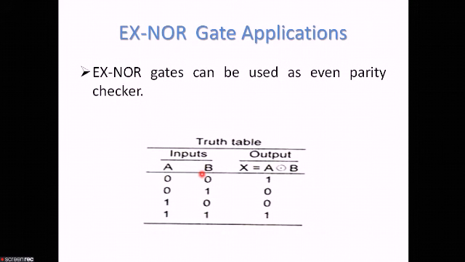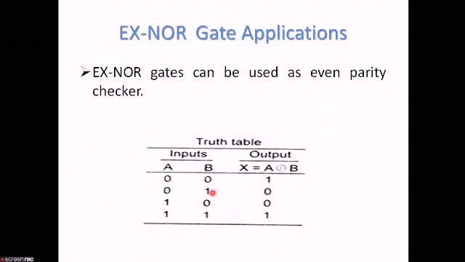The other property of an XNOR gate is that it can be used as an even parity checker. The output of the XNOR gate is 1 if the number of ones in the input is even, and if the number of ones is odd, then the output is 0.